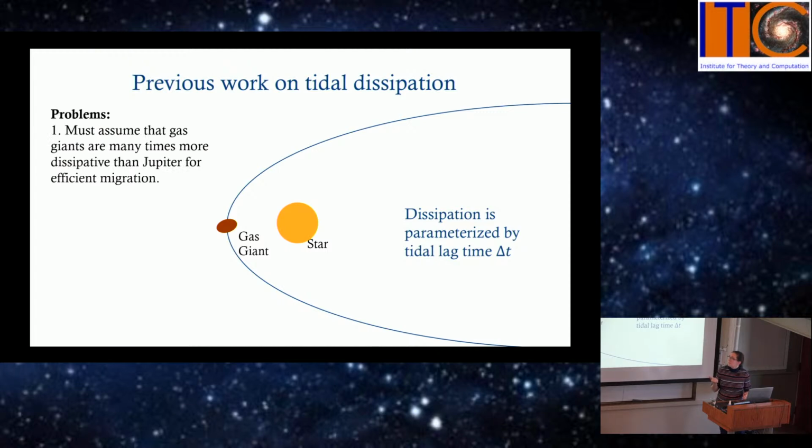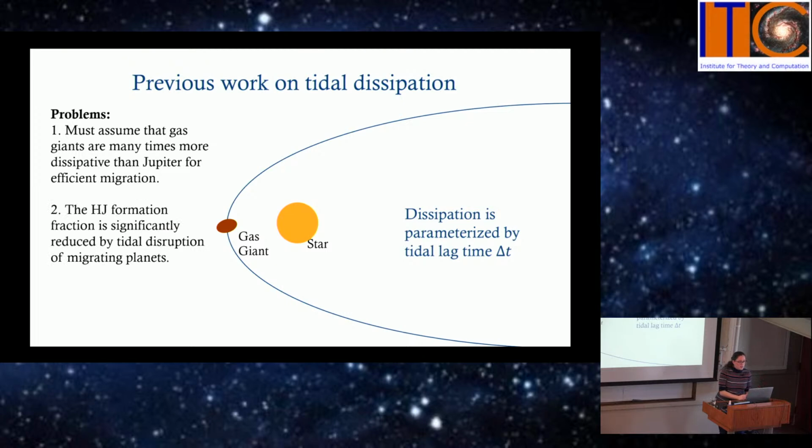One is that oftentimes in order to have efficient migration, so in order for the hot Jupiter to form within the lifetime of the star, which you would need in order to see them, you have to assume that the gas giants are a lot more dissipative than Jupiter. And the formation fraction is significantly reduced by tidal disruption, by needing to be in that pericenter sweet spot.